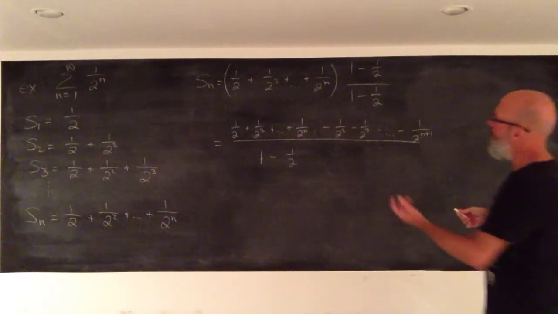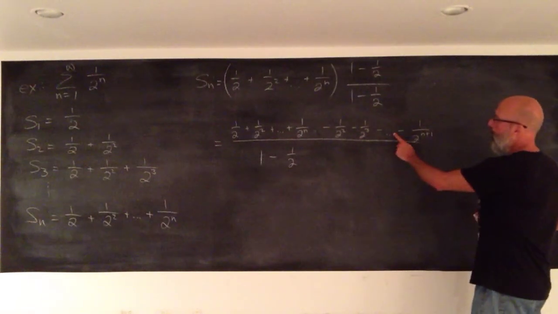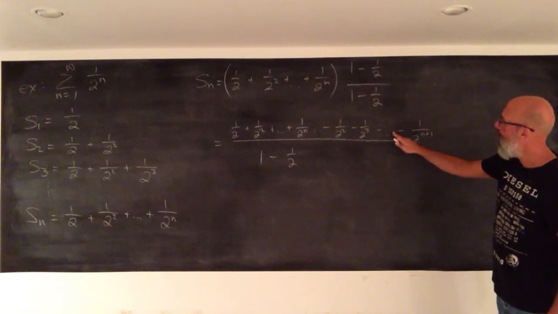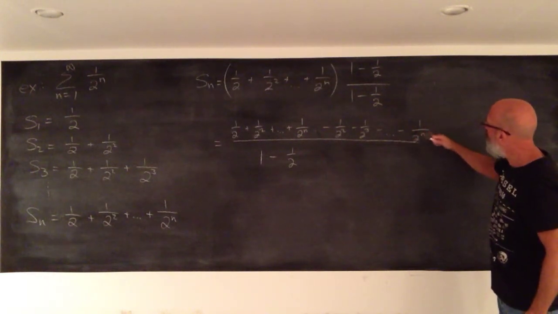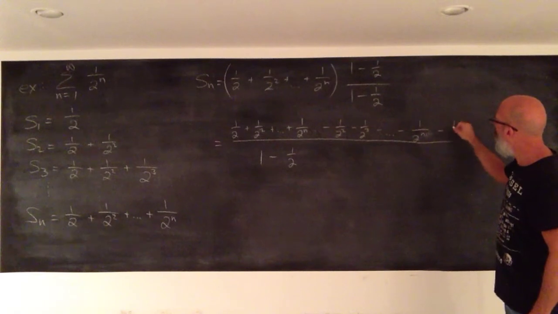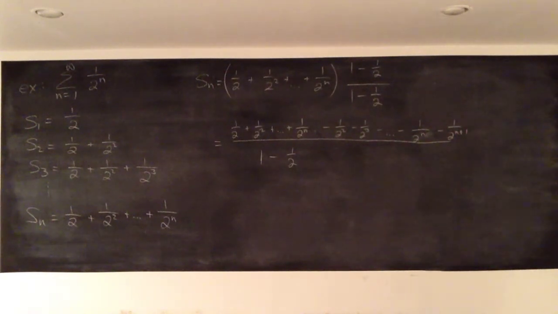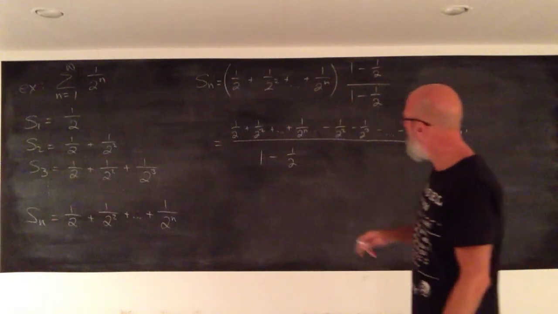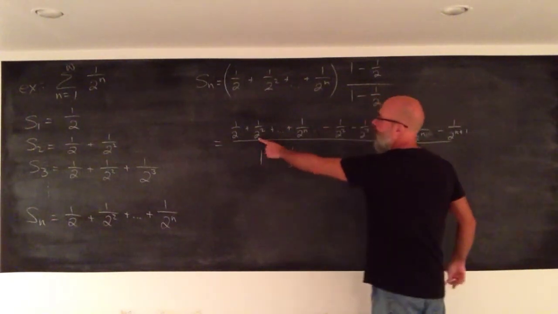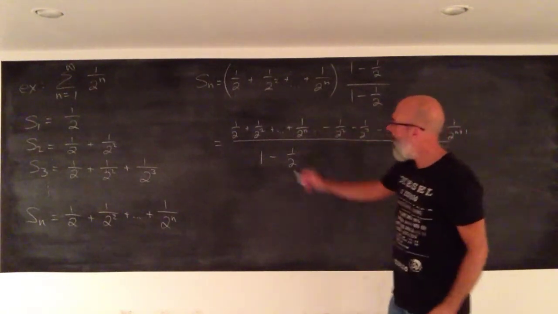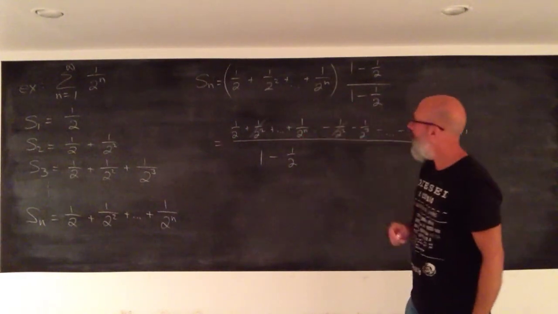And if we ask ourselves, what was the term before this? Of course, the term before that was 1 over 2 to the n. So why don't we say this, minus 1 over 2 to the n, minus 1 over 2 to the n plus 1. And now observe what happens. We have 1 over 2 squared minus 1 over 2 squared. These things cancel out.